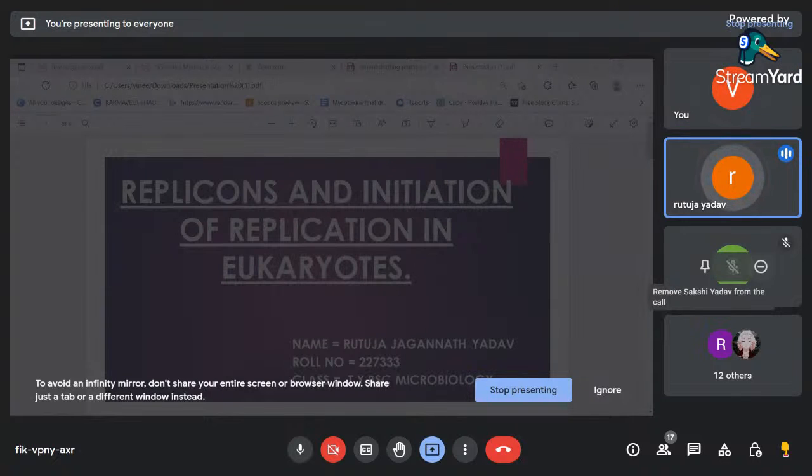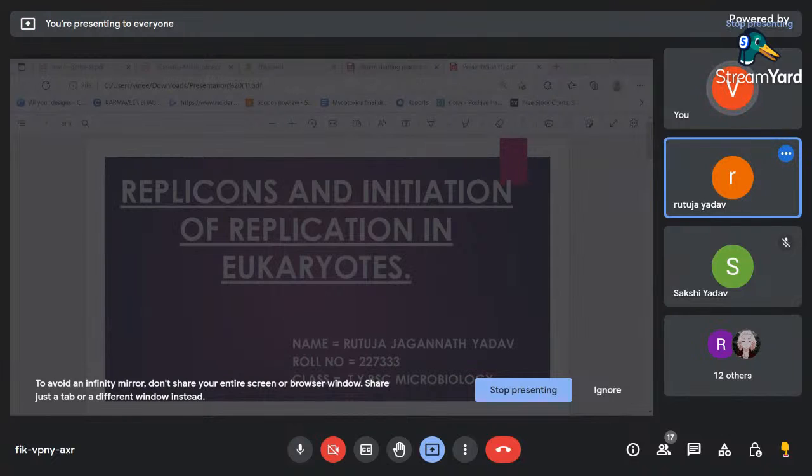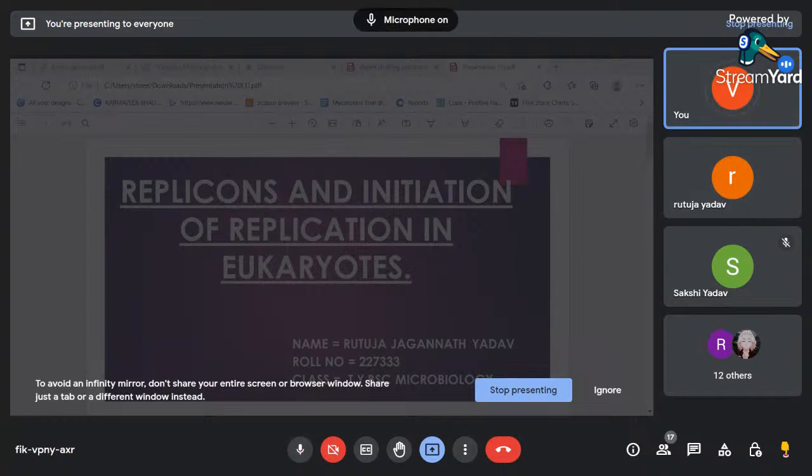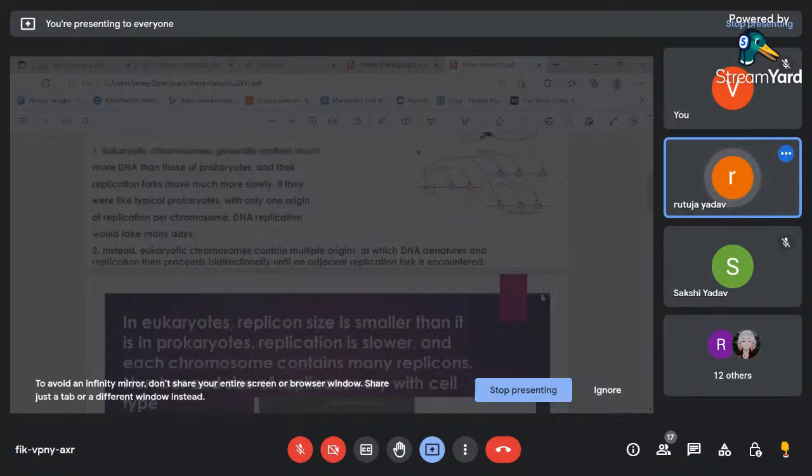How many replicons are in eukaryotes? About 1,000. 10 to 330 kilo base pairs.